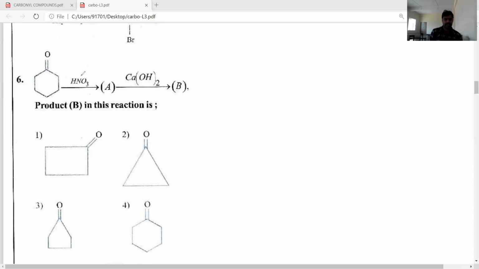The sixth question. HNO3 is a strong oxidizing agent, so cyclic ketones are converted into dicarboxylic acids. Cyclohexanone with a strong oxidizing agent: according to Pfaff's rule, the single bond attached to the C=O group will completely break and be converted into two carboxylic acid groups. Means adipic acid will form.